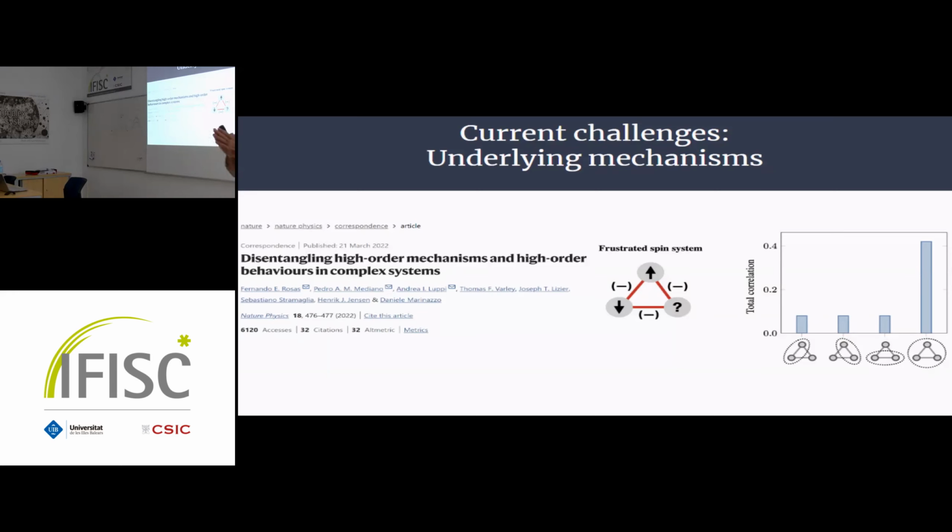So here you have a separation between no high-order mechanisms in terms of the couplings in the Hamiltonian of the Ising system, and high-order behavior in terms of the total correlation. And in terms of the brain, it's a completely, I would say, empty avenue of research to disentangle what are the mechanisms that are giving rise to the high-order behavior that I've just shown in this presentation.